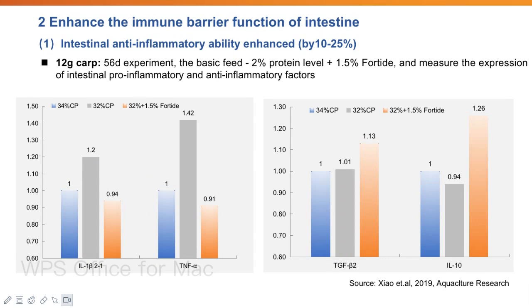And in addition, Fortide enhances the function of the immune barrier. On one hand, after using Fortide, the relative expression of the intestinal pro-inflammatory factor genes IL-1 beta and TNF-alpha was significantly reduced, while the expression of the anti-inflammatory factor genes TGF beta 2 and IL-10 increased significantly by 10 to 25%.